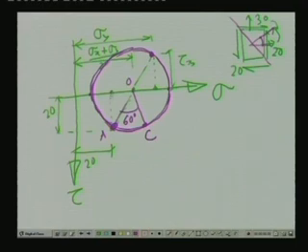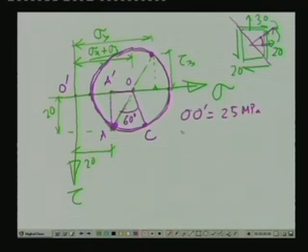Now, here we know this magnitude, we can compute this magnitude. This is sigma x O dashed, which is equals to sigma x plus sigma y by 2, which is equals to 20 plus 30 by 2 is 25 MPa. Let us say this is A dashed and A. So, O A dashed eventually is equals to sigma x plus sigma y by 2 minus sigma x, and sigma x is 20 here.